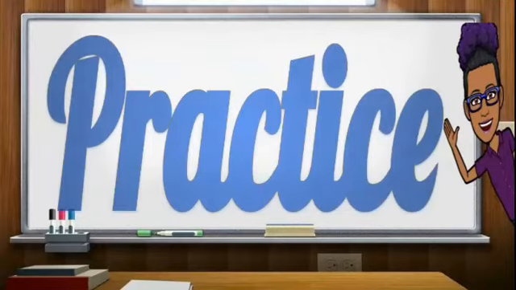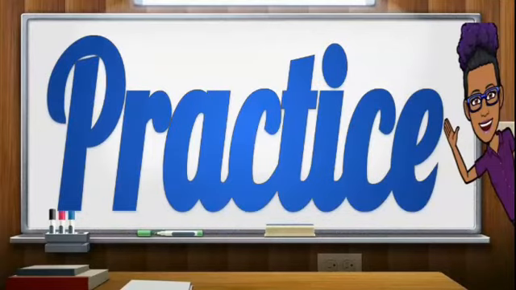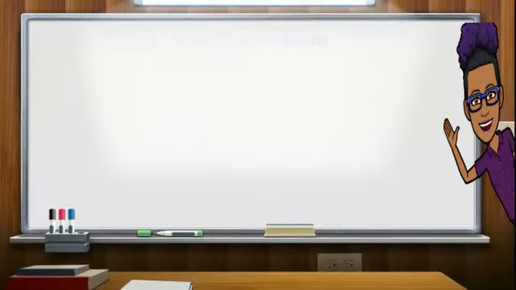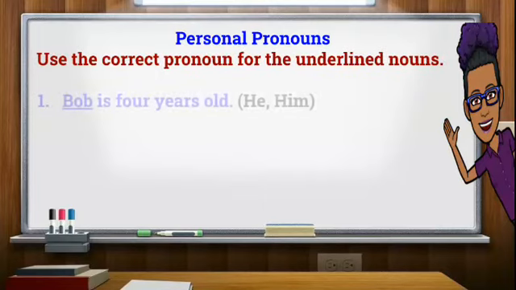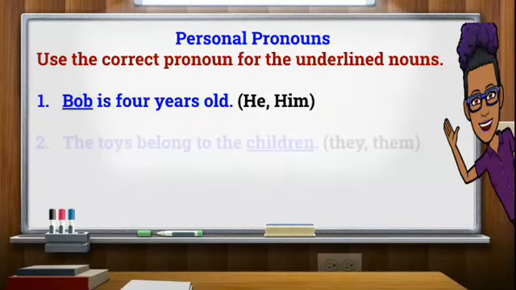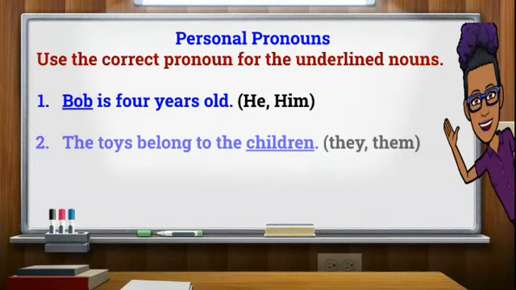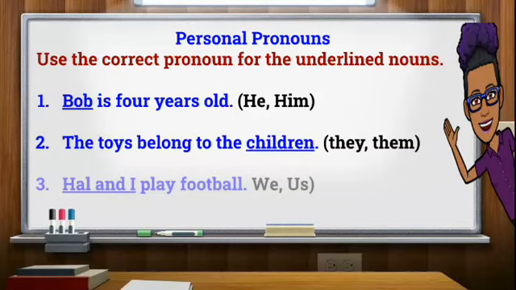So let's try a bit of practice of what we just learned. Personal pronouns. The instruction: use the correct pronoun for the underlined nouns. So let's go to our sentences. Bob is 4 years old. Bob is underlined. The toys belong to the children. Children is underlined.